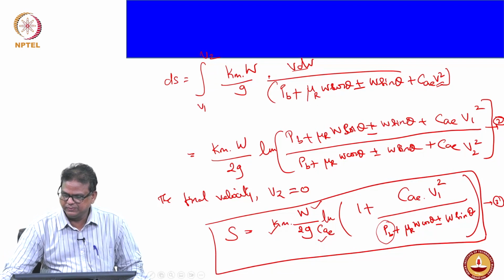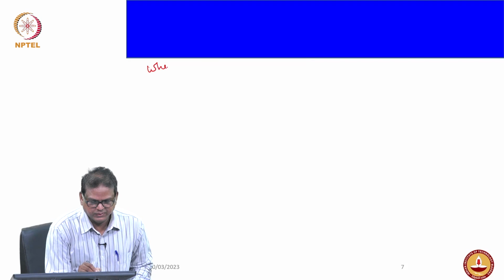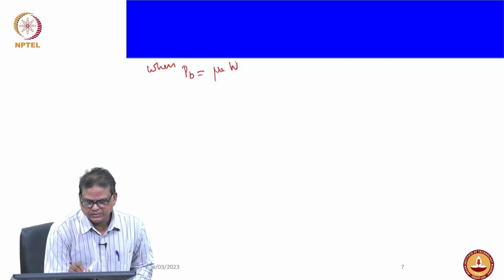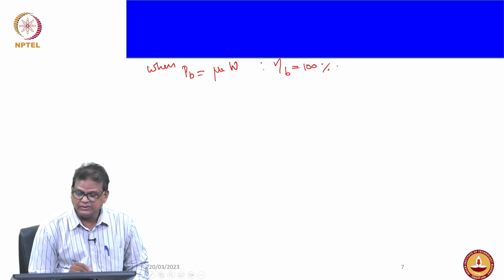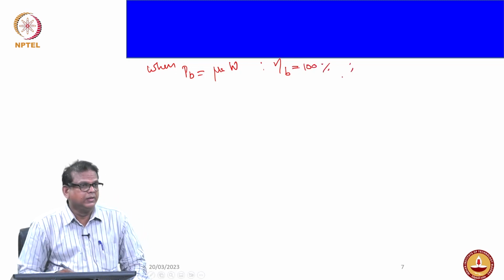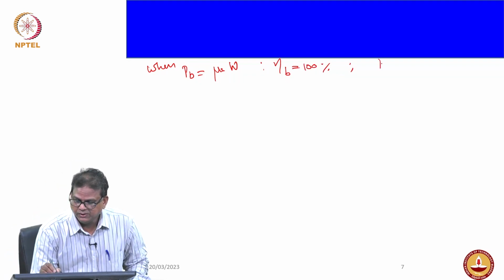So I'll move on now. When the total braking effort PB equals mu s W, at that time your braking efficiency will be 100%. Not only that, the rotational mass factor Km will also be equal to 1.